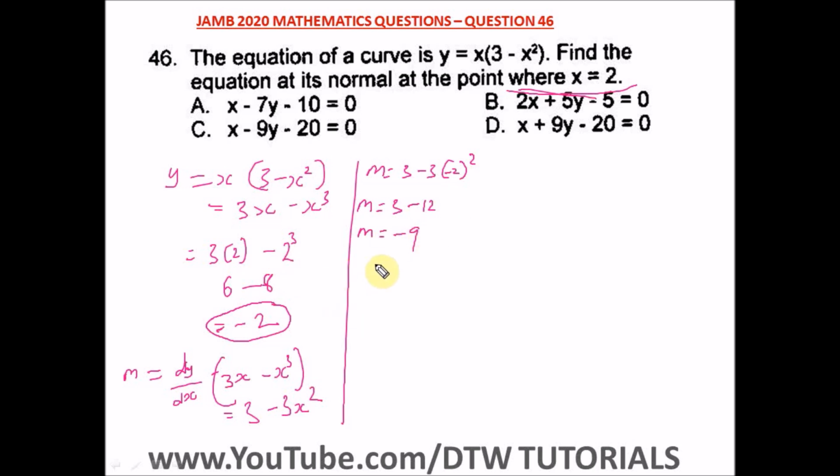So the gradient of the normal is equal to 1/9. Don't forget it.